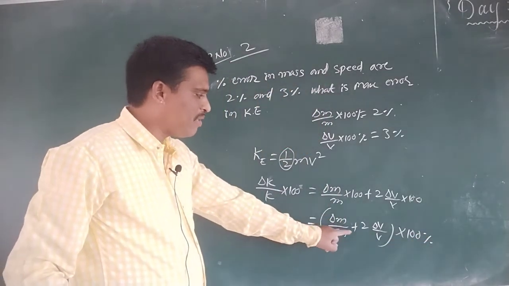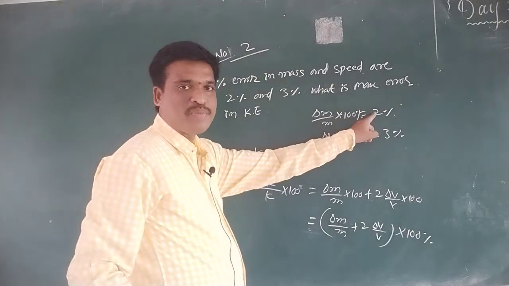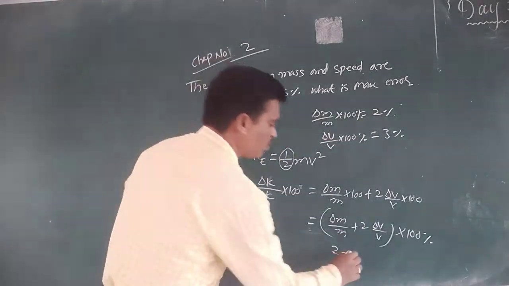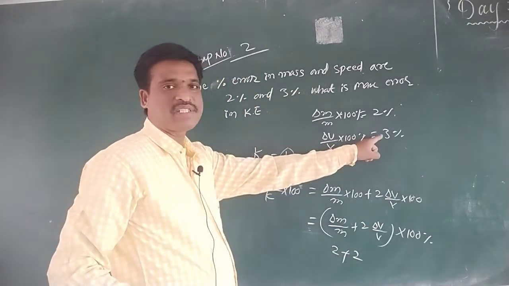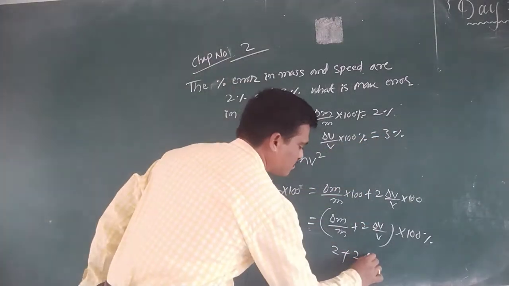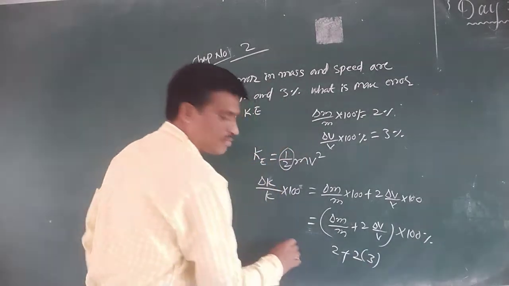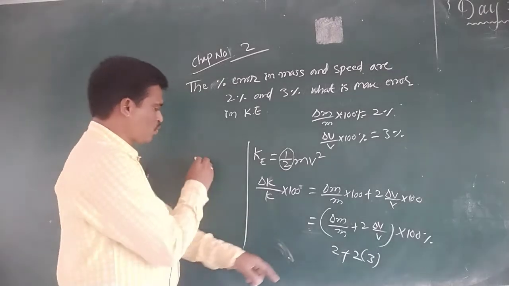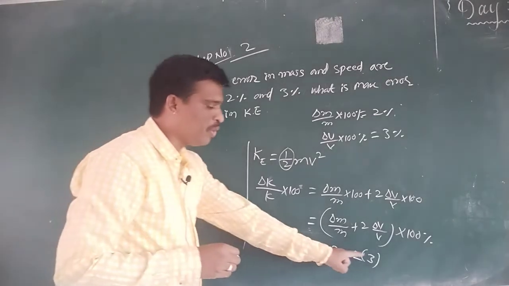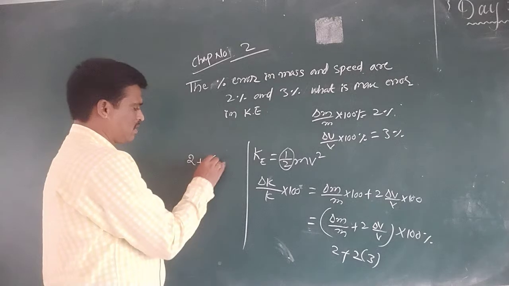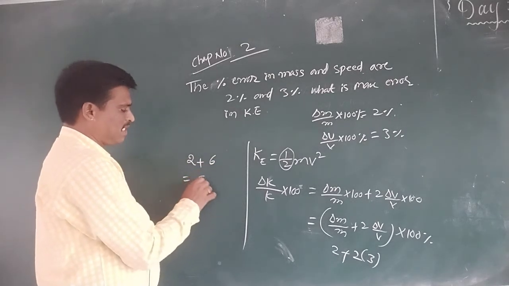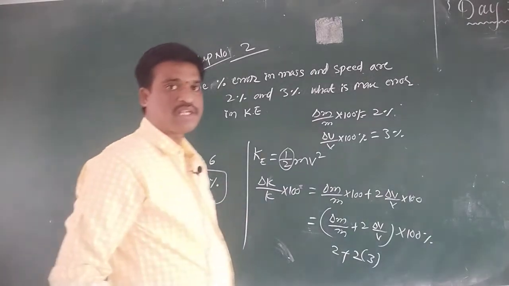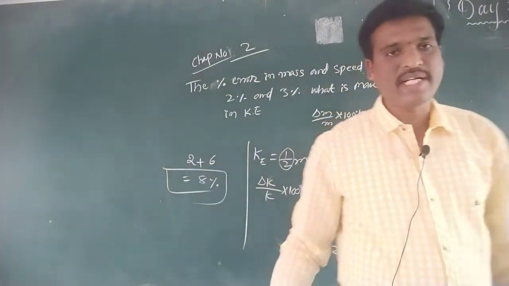Delta m by m into 100% is how much percent? 2% is given. 2 plus 2 into 3, since delta v by v into 100% is 3%. 2 into 3 is how much? 6. So that is equal to 8%. 8% is our answer. Is it right?